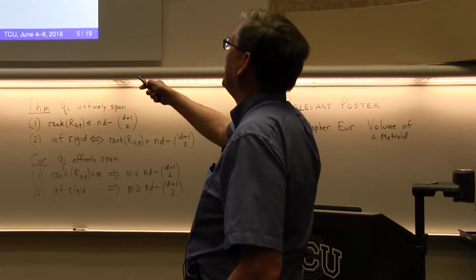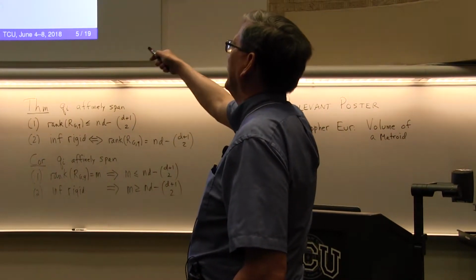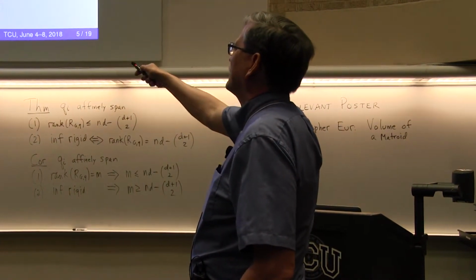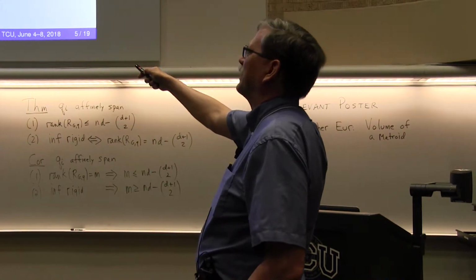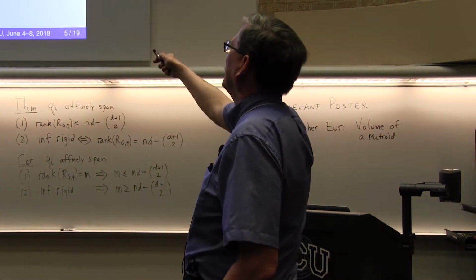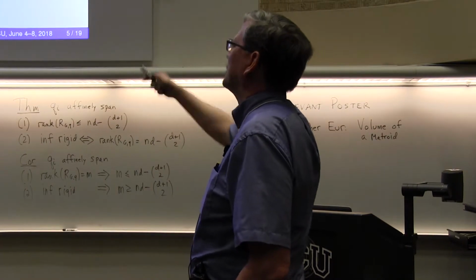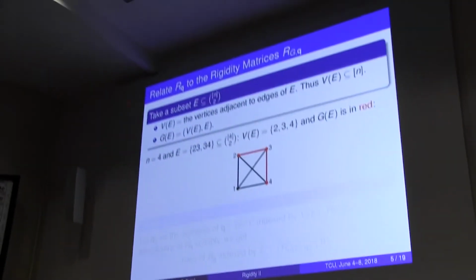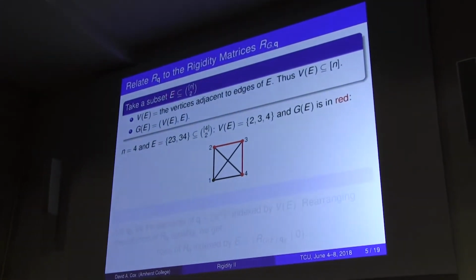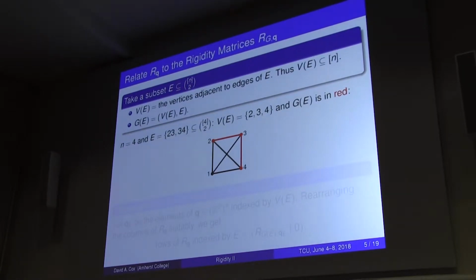What I want to do first is take this rigidity matroid. Remember, this is the one for the complete graph. And I want to relate it to the rigidity matrices we saw in the previous lecture. So I'm going to take a bunch of edges.